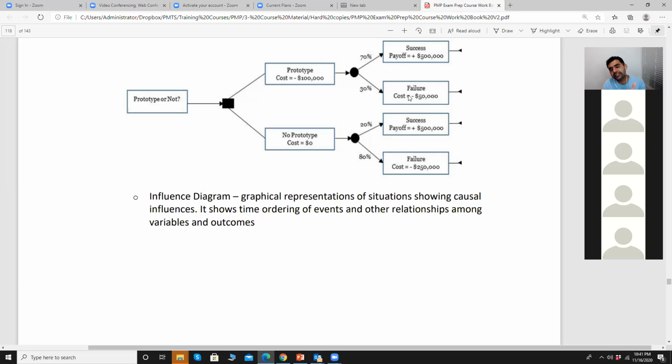If you're not calculating it in terms of money, but in any other units like schedule or just a random impact value, in that case, it is called EV, expected value. It is different from earned value that we study during earned value analysis. Okay, so we can use the decision tree analysis to determine the amount of schedule reserve or cost reserve.